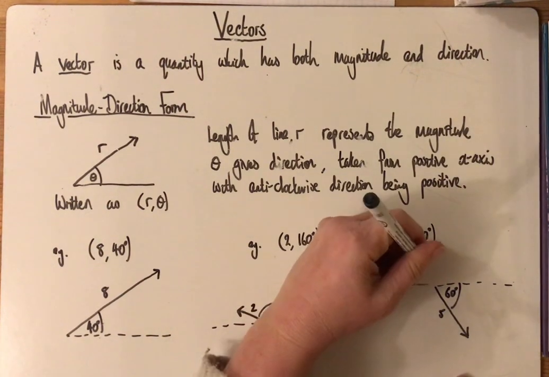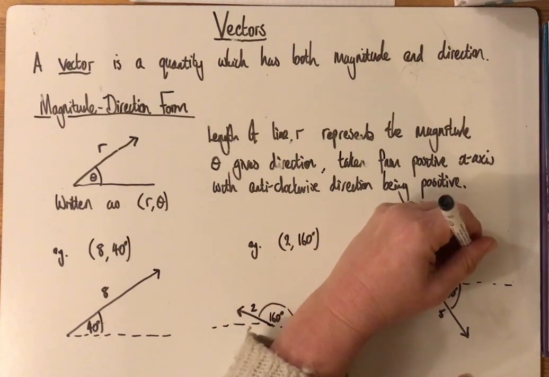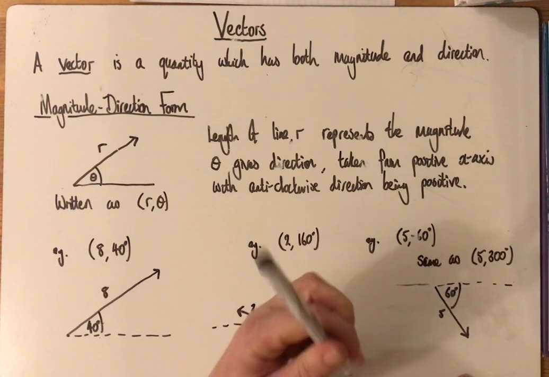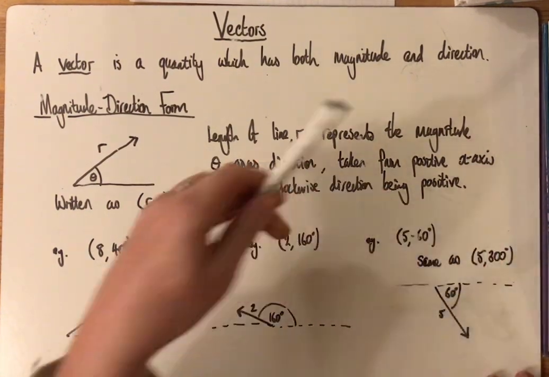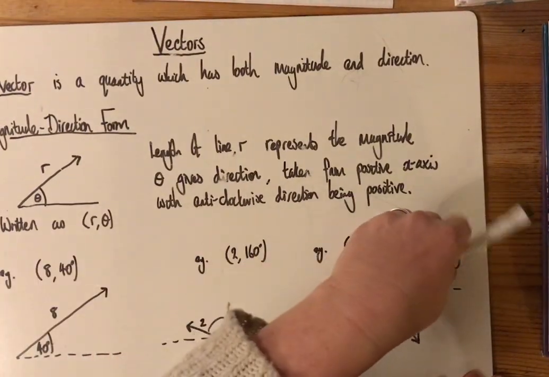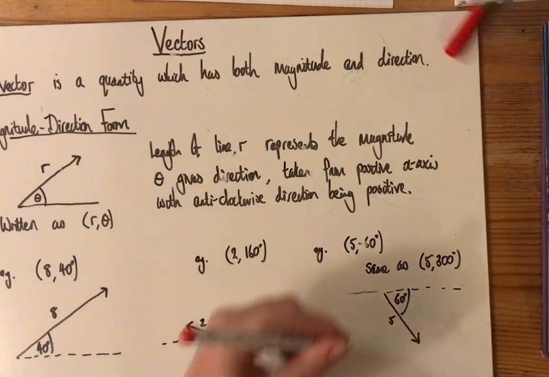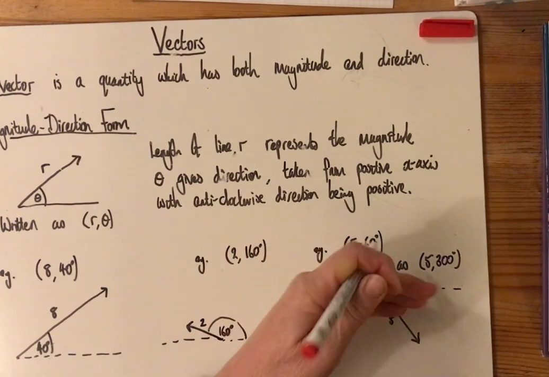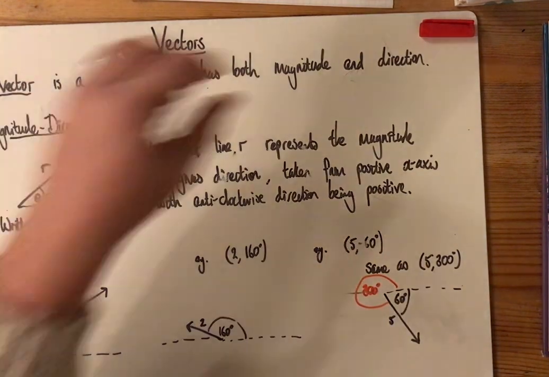This is the same as 5, 300 degrees. You could go round in the anti-clockwise direction, which is the positive direction, 300 degrees, and end up in the same place as going 60 degrees clockwise, which is a negative direction.